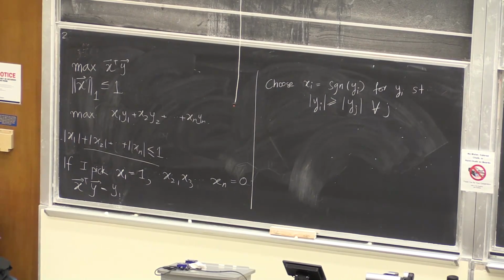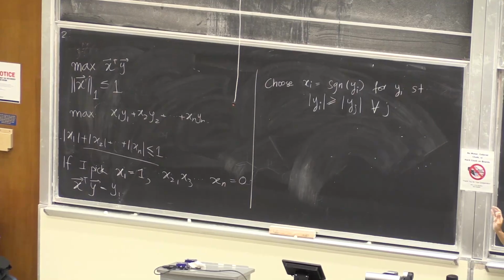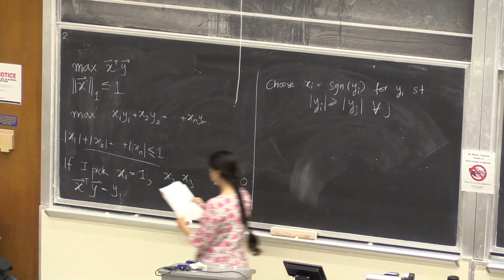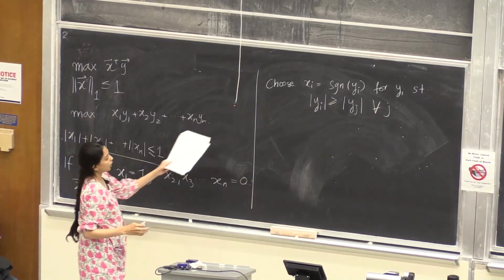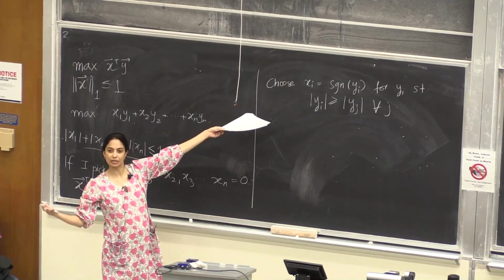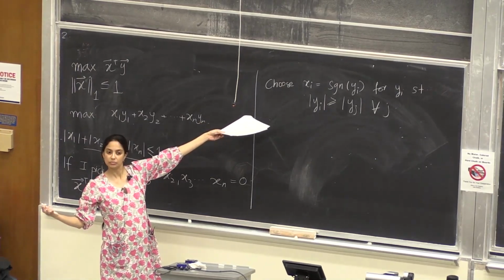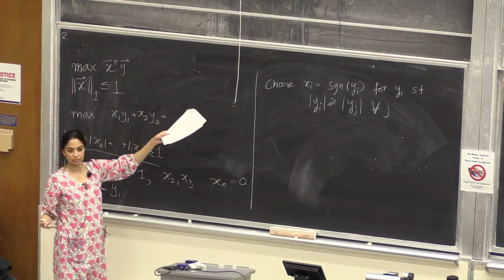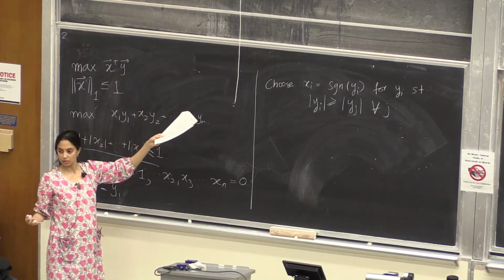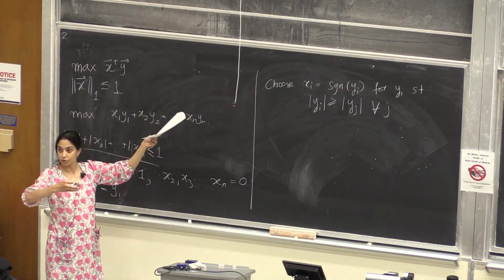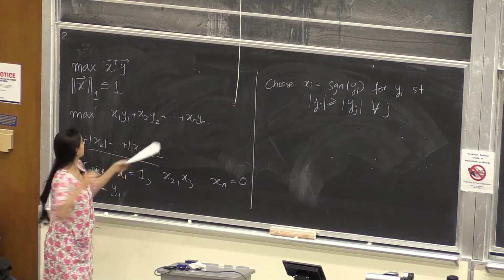Okay. So what does this mean? So this says that, therefore, when I do this thing, what is going to be the maximum value that I get? Like, what is going to be the value of x transpose y? It's going to be the maximum of the absolute values of the yi's, right?